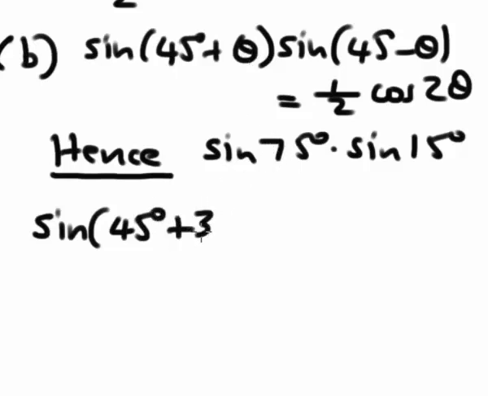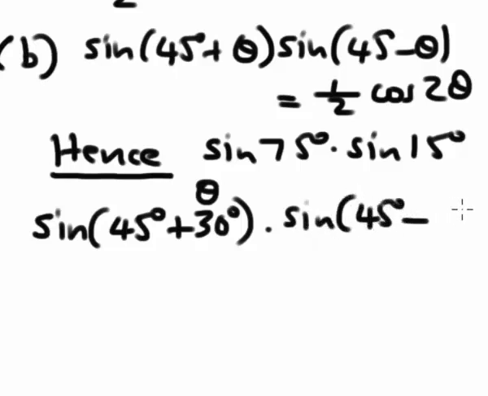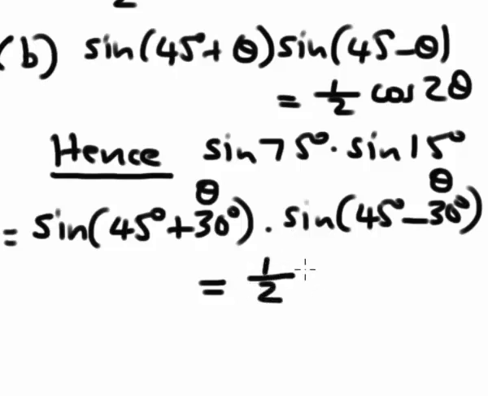If you make theta 30, look at that, that's still 75. If we then do exactly the same, but say 45 minus something, which again is 30, there's theta again. So sine 75 sine 15 is equal to sine 45 plus 30 times sine 45 minus 30. But that is equal, because we've already proved it, to a half cos of 2 multiplied by the theta.